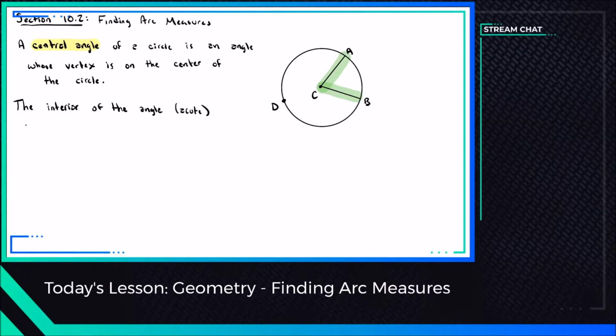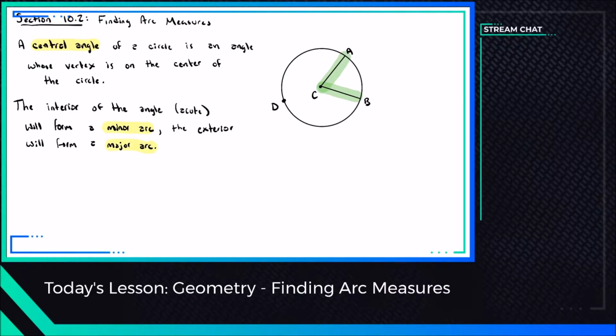Will form what is called a minor arc. And the exterior will form a major arc. So we have a minor arc, we have a major arc.